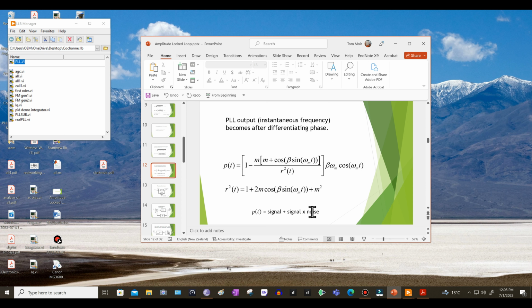You can also look at the whole thing here as being noise with a 1 in it, and that's the signal, so it's signal times noise. So that's the other way to look at it, in which case the only way it would seem that you can tackle this would be to divide the two waveforms, assuming you knew what this was, and of course we don't necessarily know what that is.